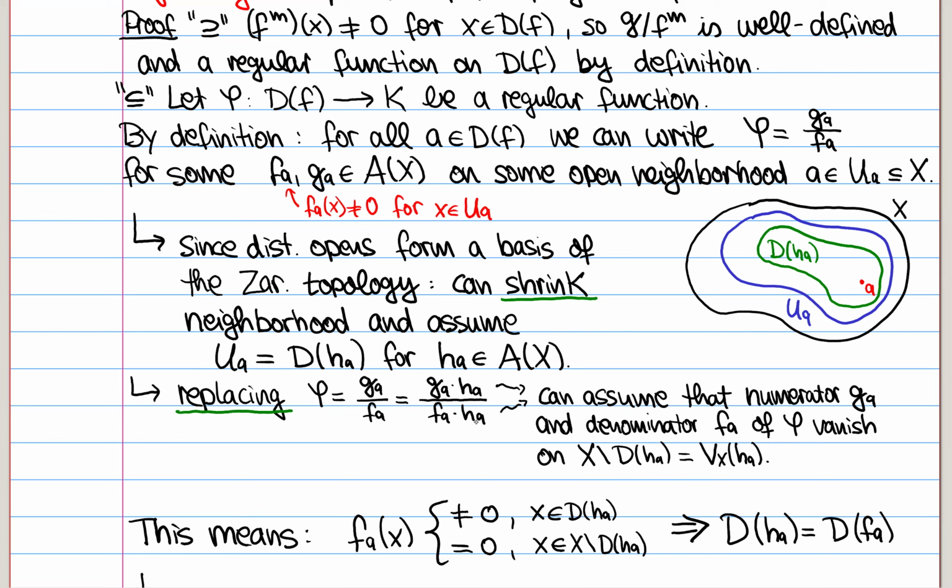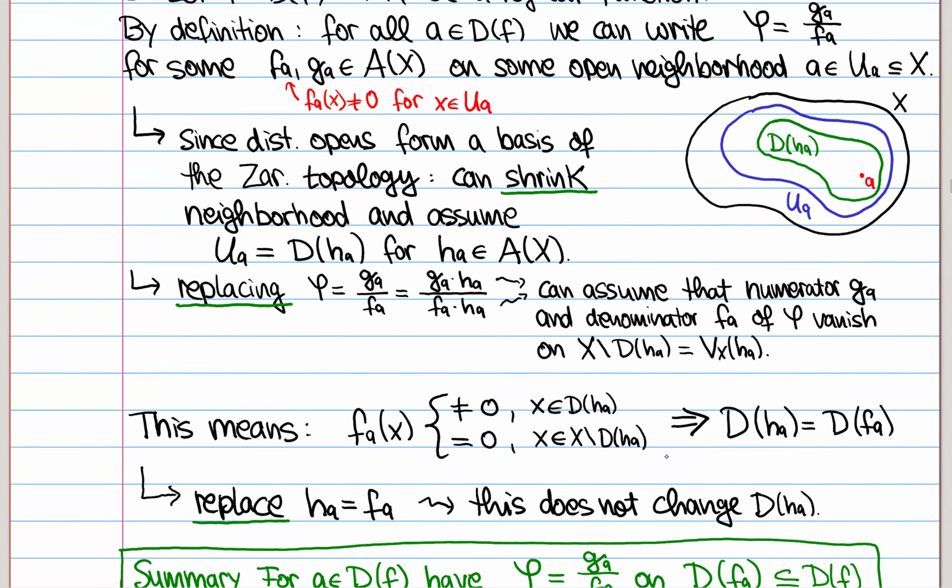And what this has given us is that now after multiplying this here, both the numerator and the denominator vanish outside of this open set D(h_a). And so by replacing g_a by this product and f_a by this product, you can just assume that g_a and f_a vanish outside of D(h_a). Okay? That's the second assumption. We replace everything. And so from now on, we can also assume this here about our data.